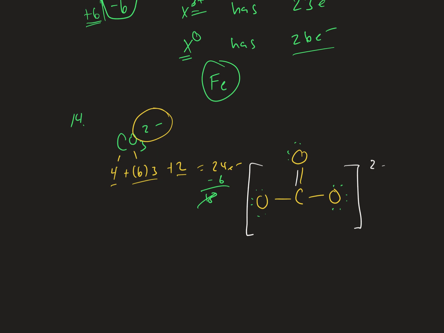Therefore, if we have, let's say, H2CO3, carbonic acid, what type of bonds do we have in here? Ionic and covalent. You with me? Okay. Do we need to do another Lewis structure or are we okay? You tell me. I'm not hearing anybody saying let's do another one, but if you want to do another, let me know.